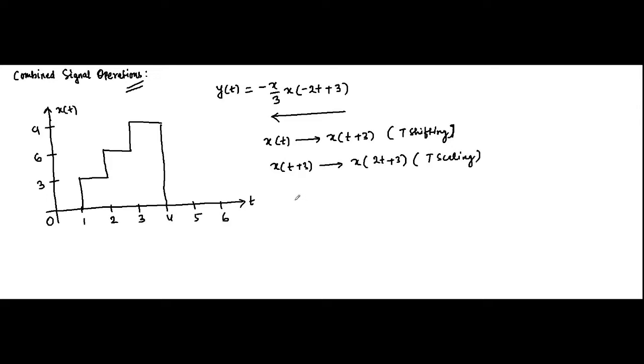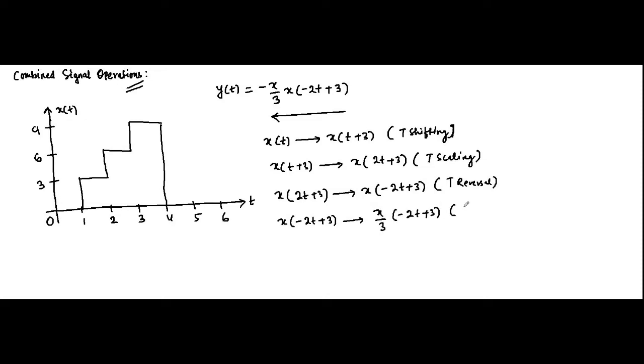Then we can perform time reversal, x(2t+3) to x(-2t+3), time reversal or time inversion. Then amplitude scaling, x(-2t+3) to x(-2t+3)/3.